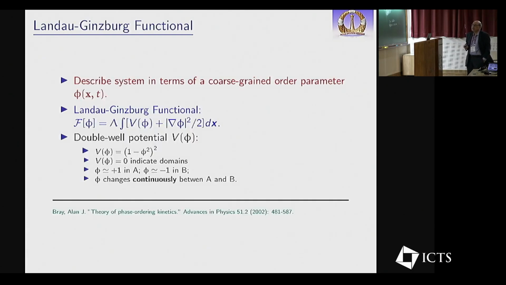And we describe them as usual by using a Landau-Ginzburg functional, which has a double well potential here, V of phi, written in some non-dimensionalized way here with 2 minima, one at +1, -1, and large and positive phi is A rich and large and negative phi is B rich.